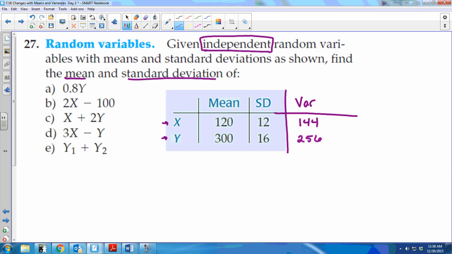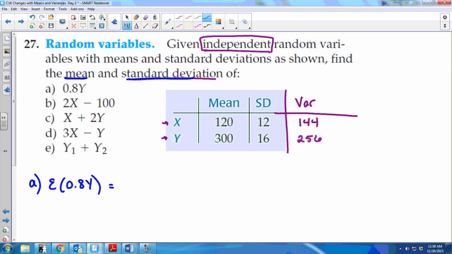Okay? So I'm going to start with A. A just says, again, we're finding the mean and standard deviation. So expected value and standard deviation of 0.8 times y. If I'm finding the expected value of 0.8y, we just do whatever it says for expected value.